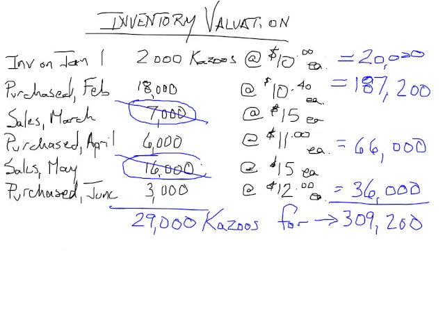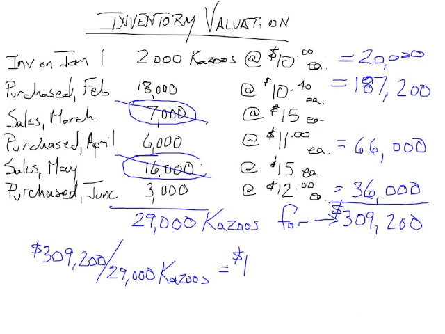So now, if we want to come up with an average cost per kazoo, we take $309,200 and divide by 29,000 kazoos, and that will give us the average cost per kazoo, which comes to, rounded, $10.66 per kazoo.